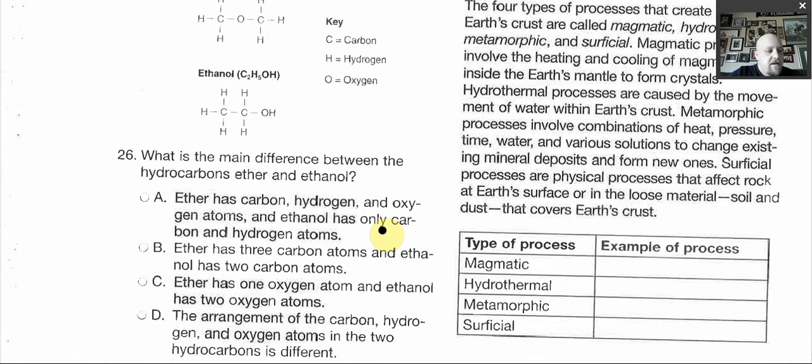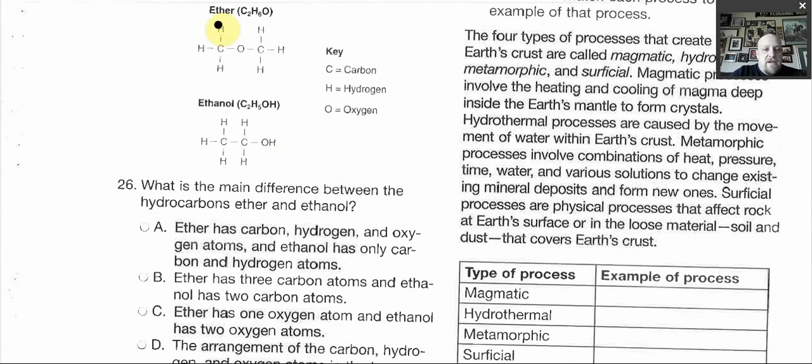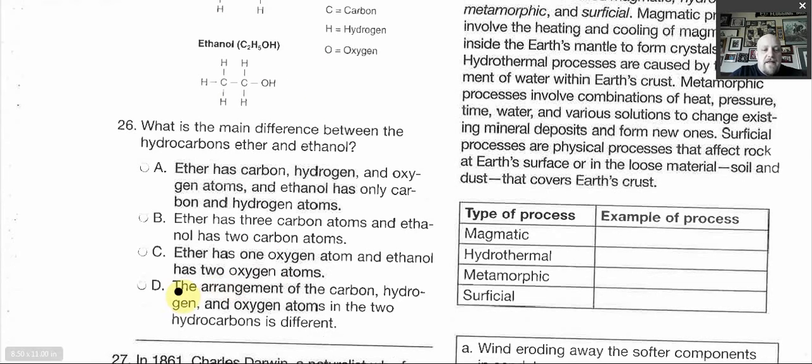So for this one, you're going to look at this, and you can see that the arrangement is different in both of them. So the arrangement of the oxygen is different. The arrangement of the hydrogen is different. So that's going to be your answer. You can just look and see it's different.